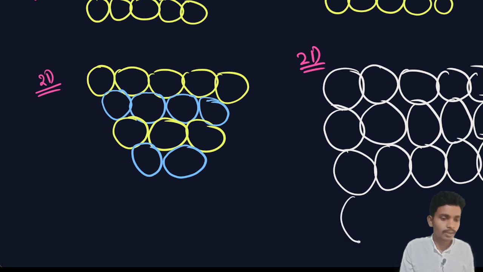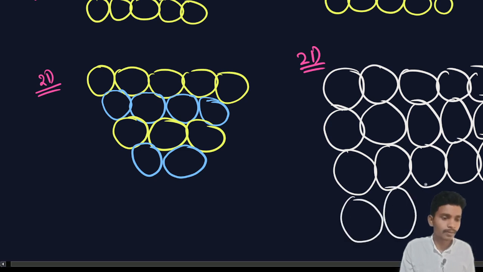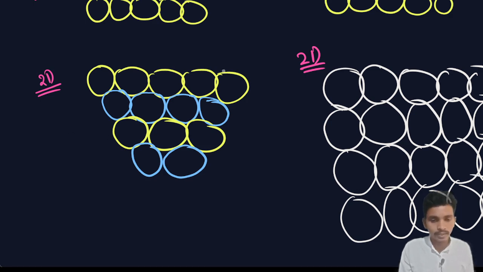Also the same case here. For this case it will be like this, in these corners it will come. So okay, let's say I'm doing another one.